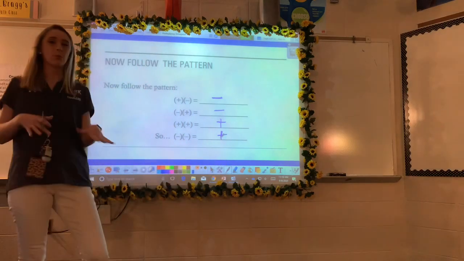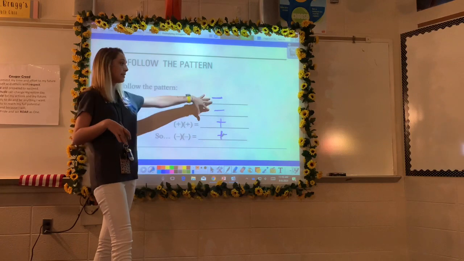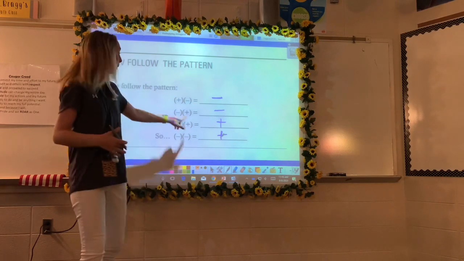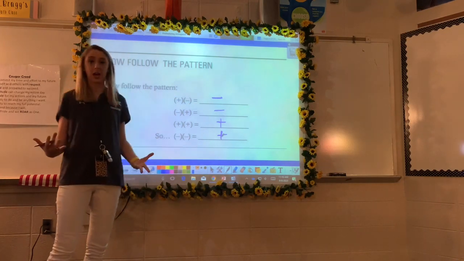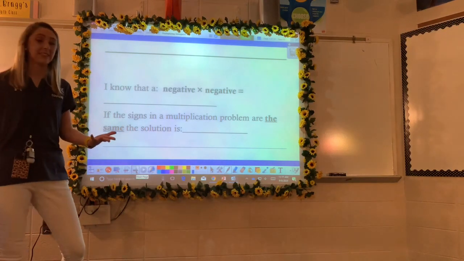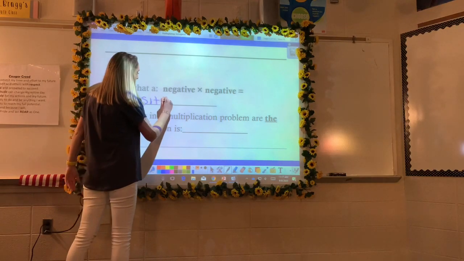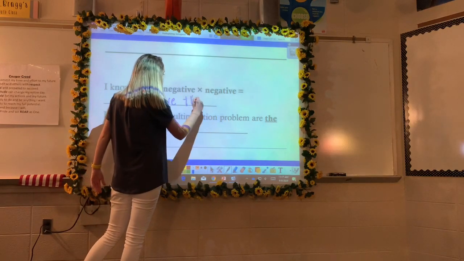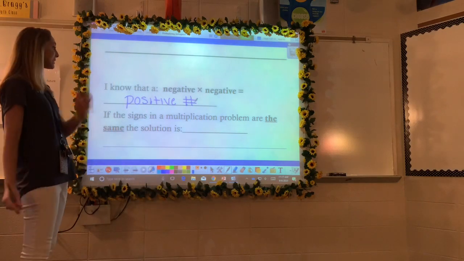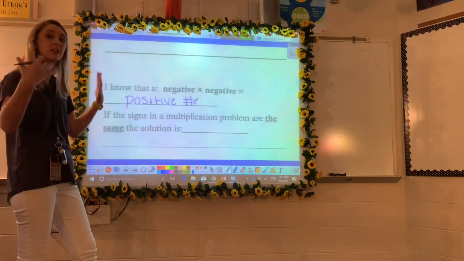That's a little pattern you can see. These signs are different, and these are different, therefore it's negative. But when they're the same, we get positive. So a negative times a negative will always be a positive number. And if the signs in a multiplication problem are the same, the solution is positive.